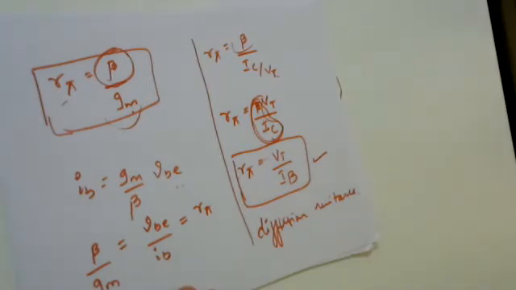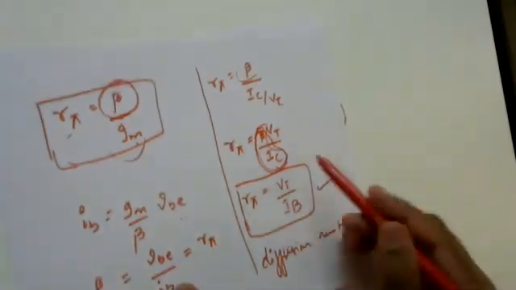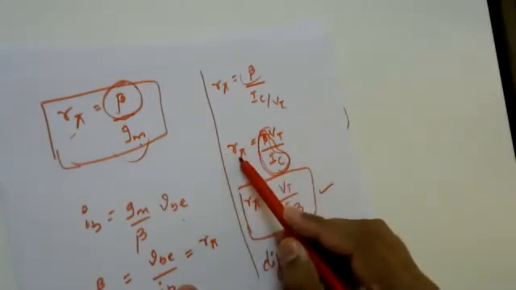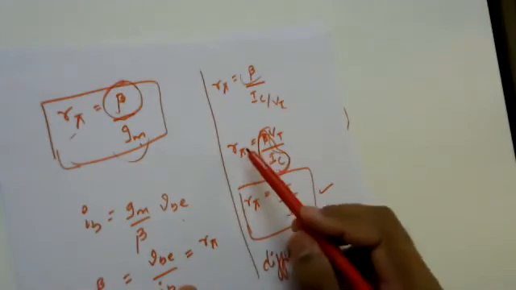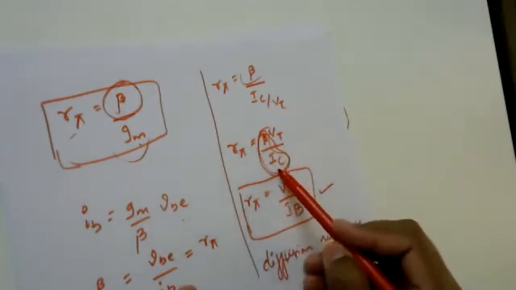Yes, what's your inference from this equation? If I go back to its previous form, R pi, very good Sneha, R pi is equal to beta into Vt divided by IC.